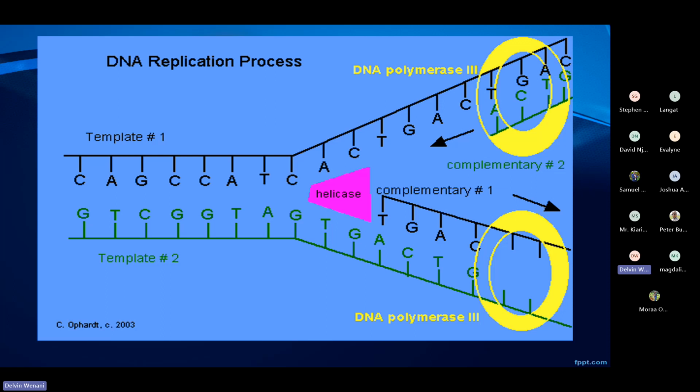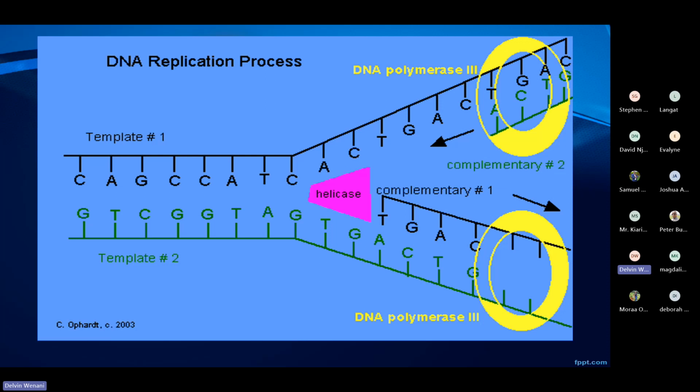So if the original structure from the first strand had an A here, it will pair with a T. If it has a C, it will form a G. If it has a T, it will now form an A, and continuing like that.